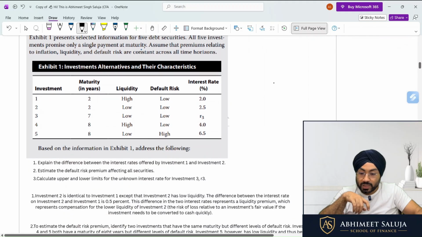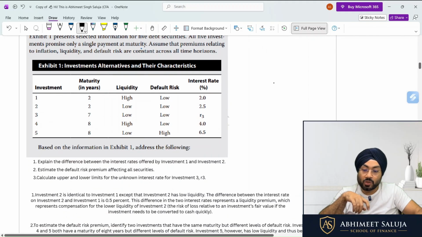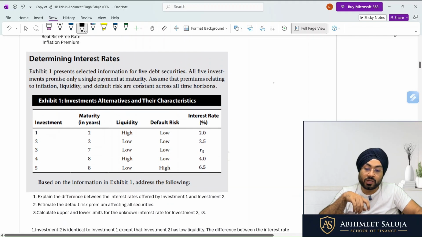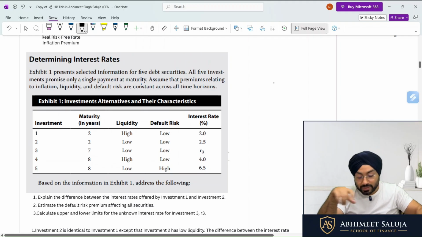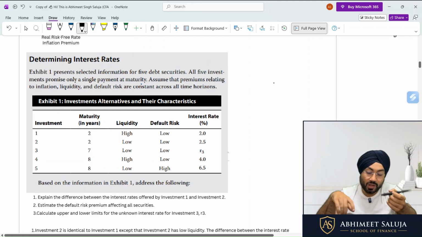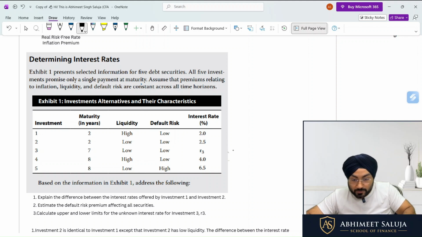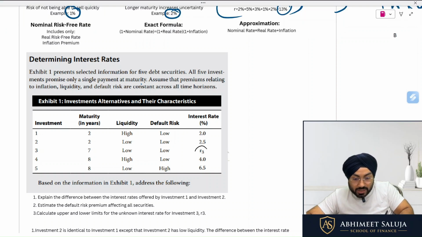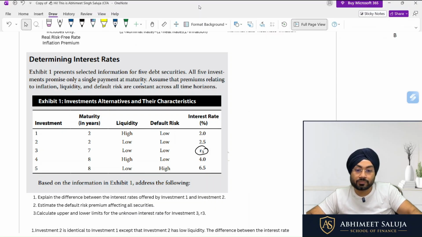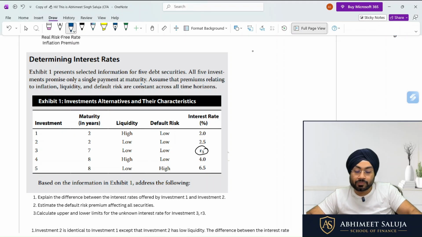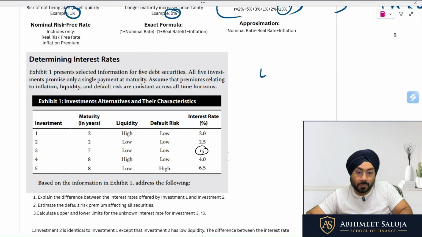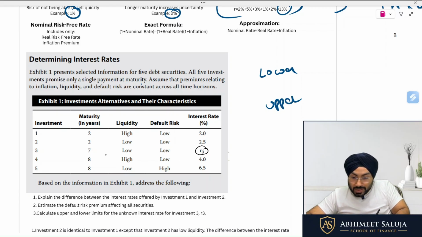Now let's move ahead. What is the third question? Calculate the upper and lower limit for the unknown interest rate for investment 3. What should be the ideal interest rate for the third investment? You need to calculate the lower limit and upper limit. Let's see.